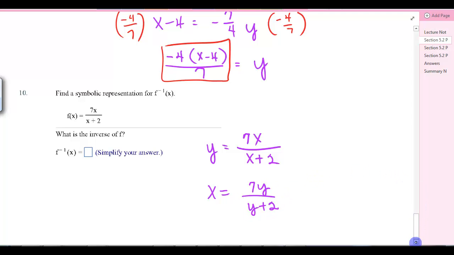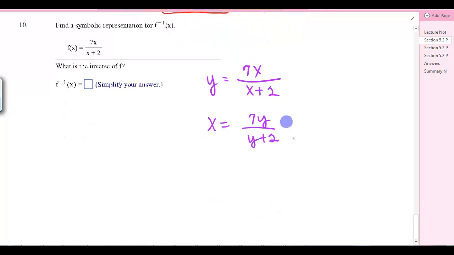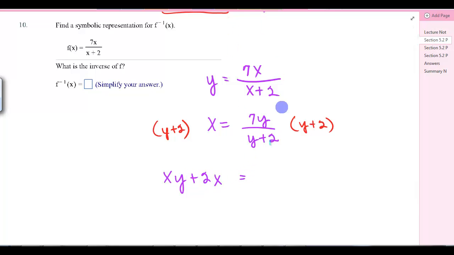All right, now we have to do a little bit of work here. So we're going to multiply both sides by this y plus 2. Over here, let's distribute. So we have xy plus 2x equals, and over here, those canceled out, so we just have a 7y.